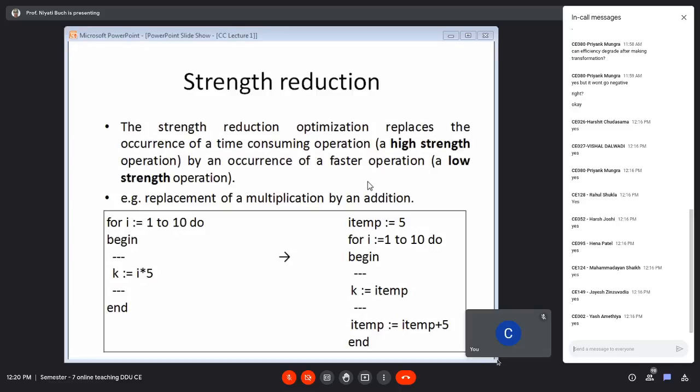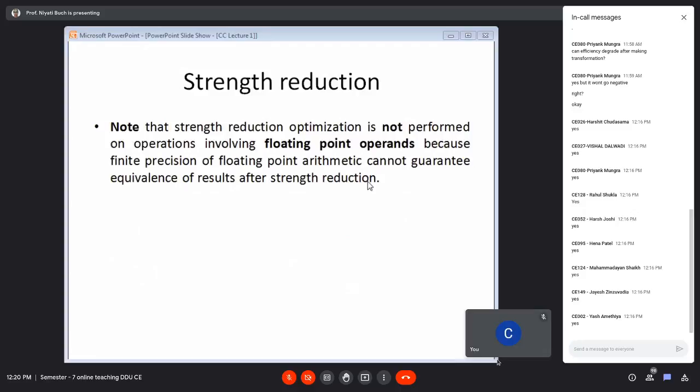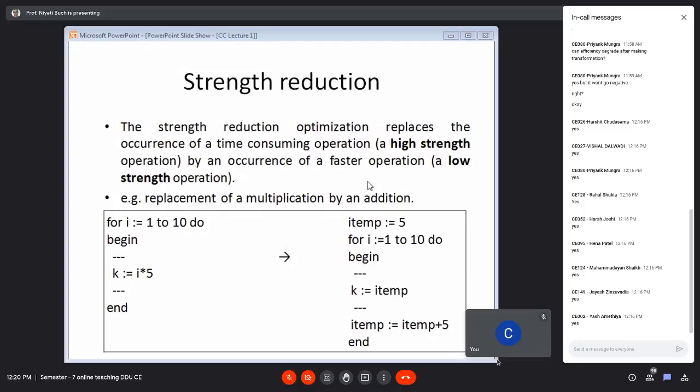Here, I is an integer and it is multiplied by 5, which is again an integer constant. That is why we are able to go for strength reduction by replacing multiplication by addition.